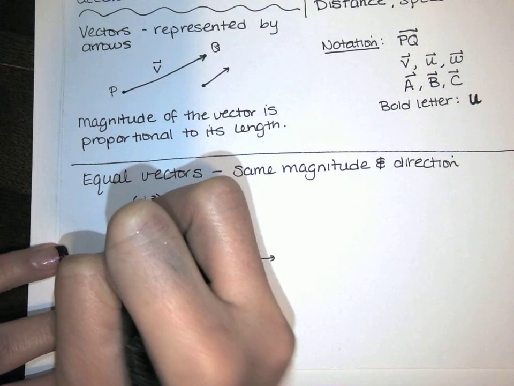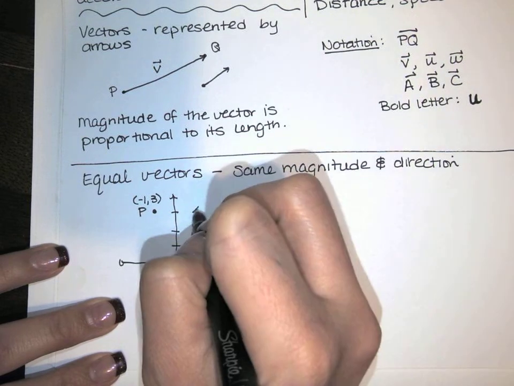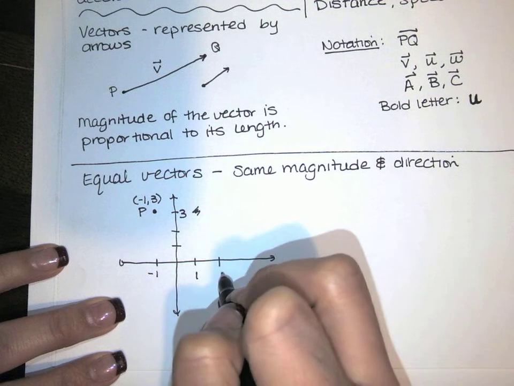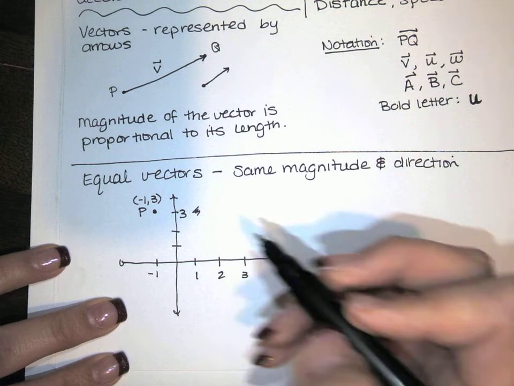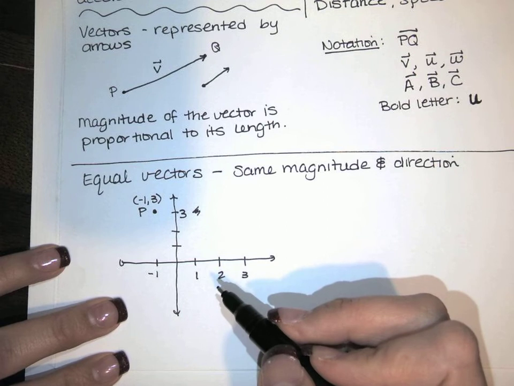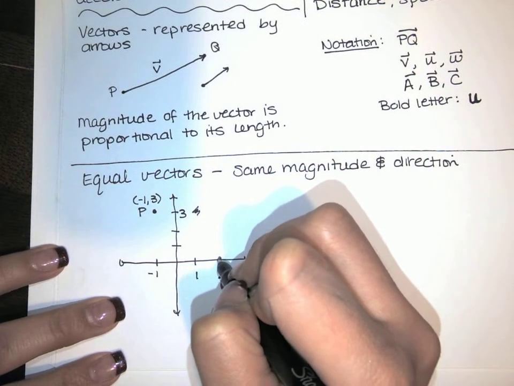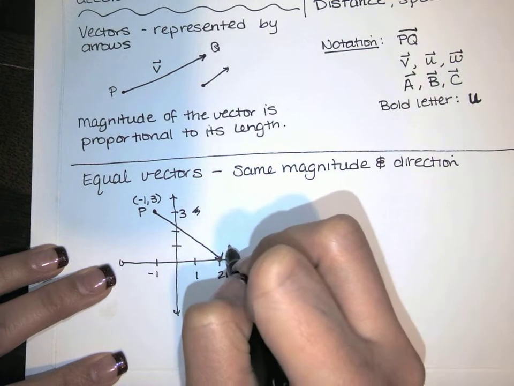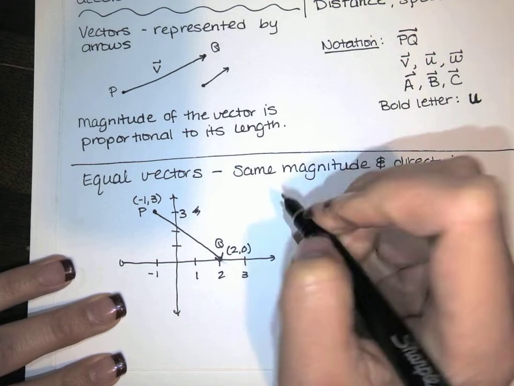And that's my point P. And I end up at this location, at the point x equals 2, y equals 0. I'm going to call that point Q. So that's the vector PQ.